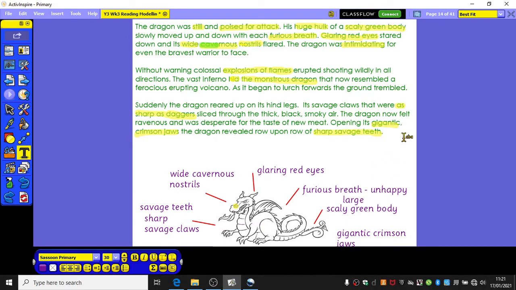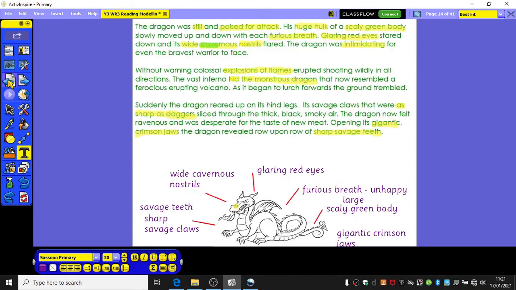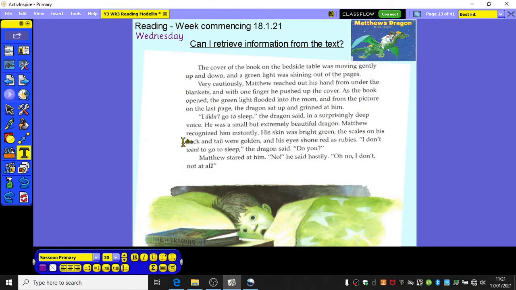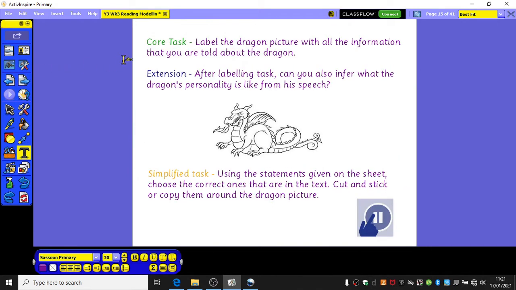So going through my text, I have found all this information. I've retrieved this information to find out what the dragon looks like. You're going to do the same now. So you have a dragon picture to label with the information from the first text. So the text is this text we read at the beginning. You need to write down all around the picture, like I did, all the information you have been told about the dragon.